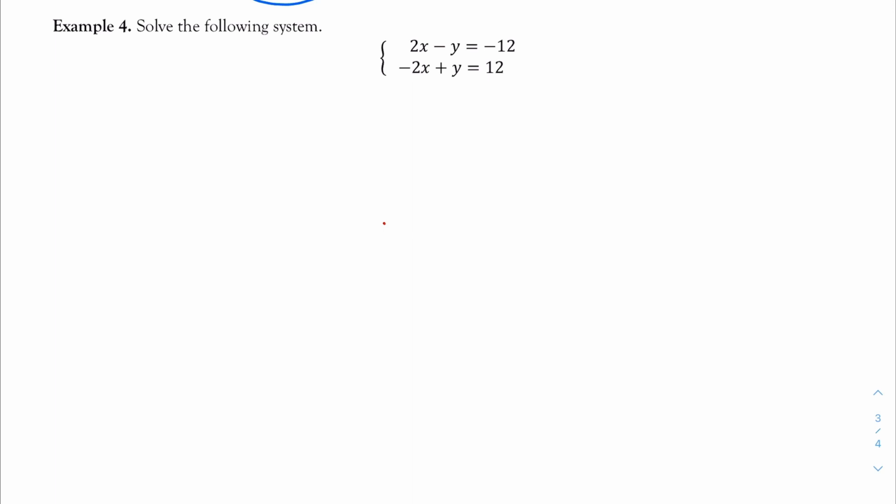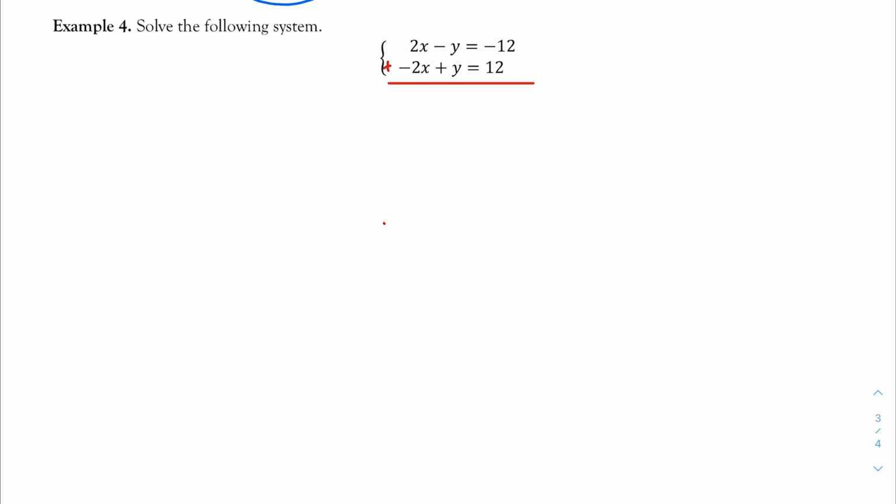This time I got 2x minus y is equal to -12, and then -2x plus y is equal to 12. So we'll actually be able to solve this pretty quickly. Notice I have 2x and -2x. I can actually just go ahead and add these right from the start.